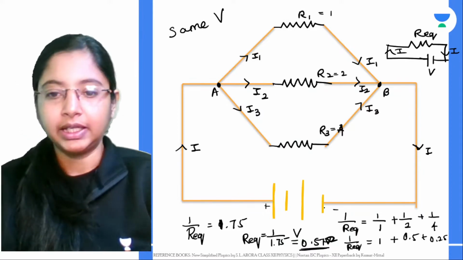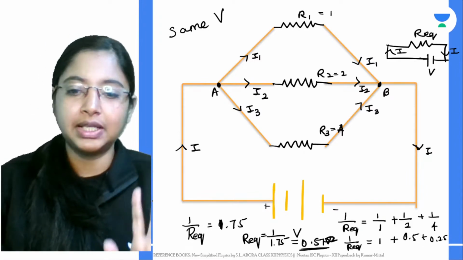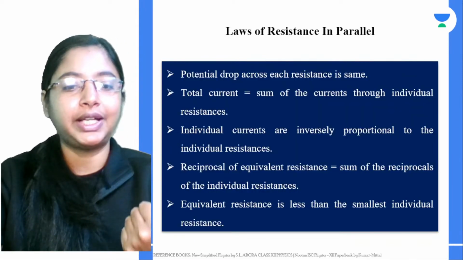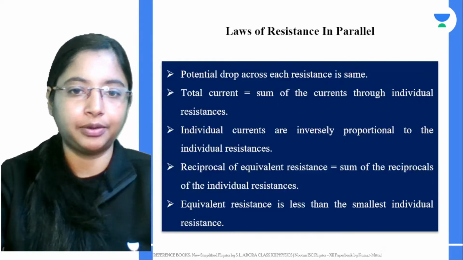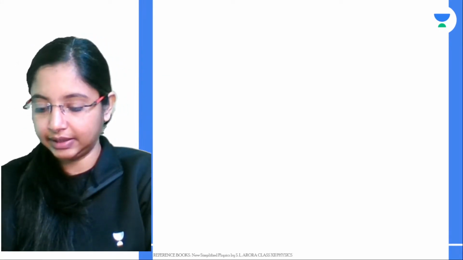The lowest resistance that we have, the equivalent resistance in most cases will be lower than that. Why? Because you're taking the reciprocal of that particular value. Alright, so this is all you need to know when you're doing resistors in combination.